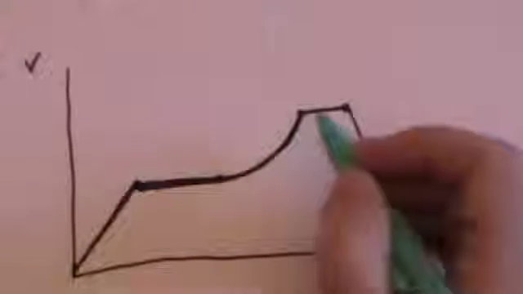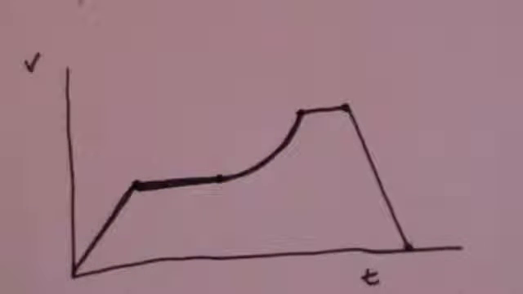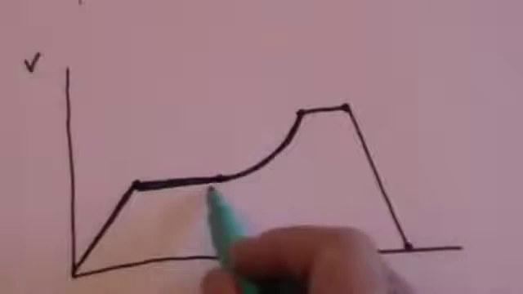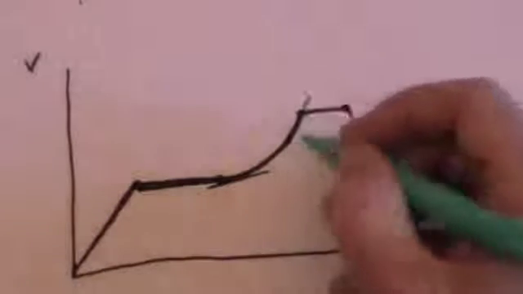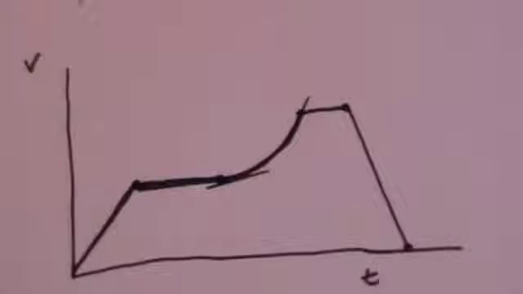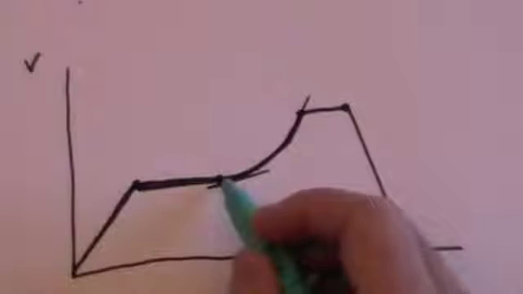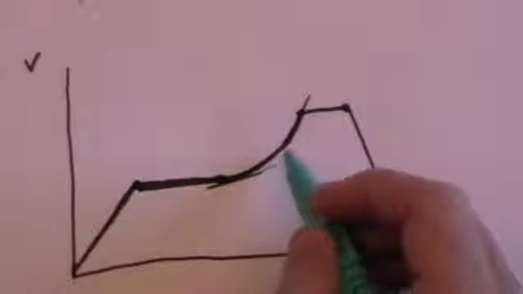The curve means that we are certainly accelerating, but the acceleration itself is increasing, because we start off with a very shallow gradient, so we've got a low acceleration, and we finish with a very steep gradient, so we have a very high acceleration. So here we are putting our foot down on the accelerator ever harder.